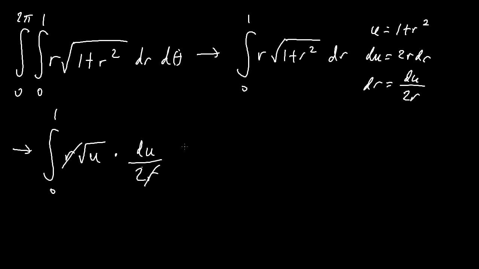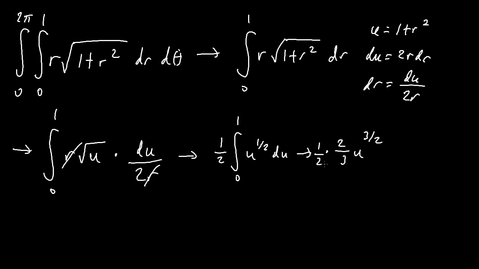The 1/2 can come outside the integral as a constant. We get 1/2 times the integral from 0 to 1 of, I'll rewrite square root of u as u to the 1/2 du. Now the integral of u to the 1/2 is just going to be 2/3 u to the 3/2. Don't forget, we do have a 1/2 outside as a constant, so I'll multiply by 1/2. 1/2 times 2/3 is going to be 2/6 or 1/3.